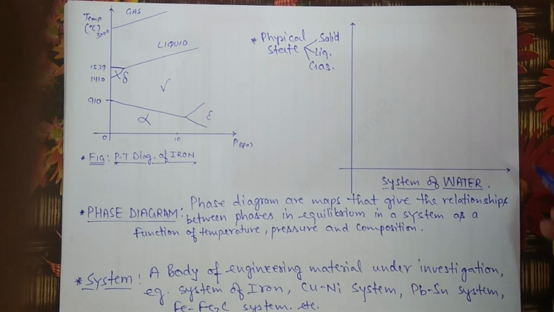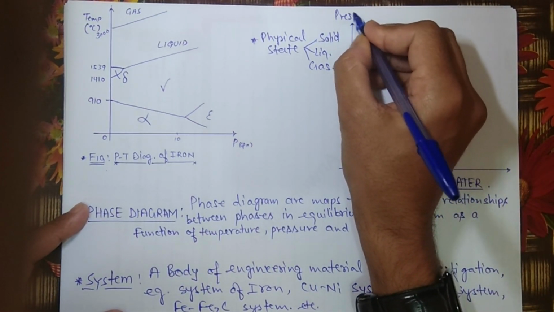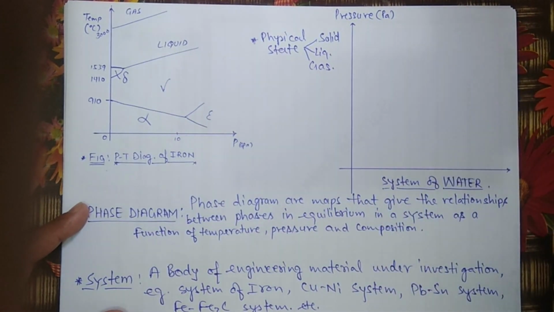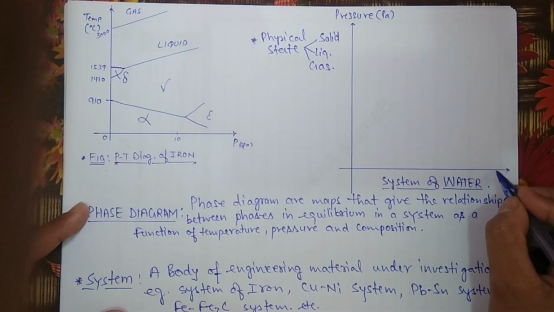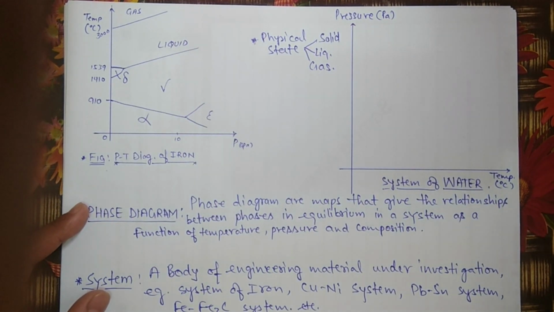Okay, so if we talk about these three states in this phase diagram of water, first we are going to represent the axes. So I take this as the pressure axis, which is represented in Pascal. I take this horizontal axis as the temperature axis in degrees Celsius.